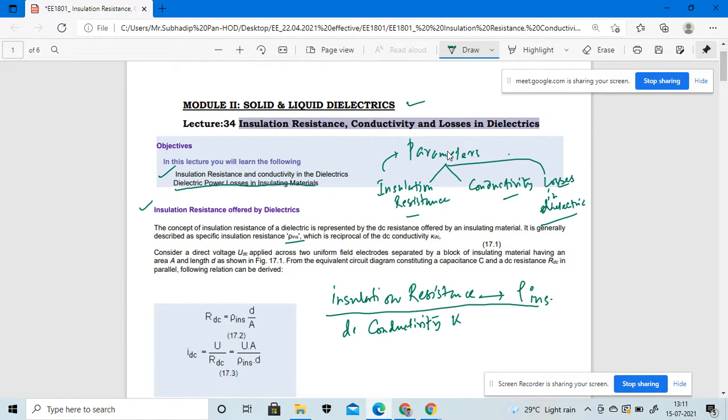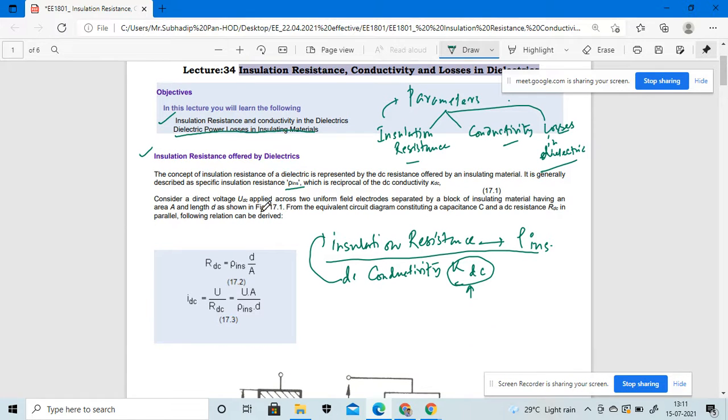The DC conductivity is defined by kDC, which is nearly equal to a constant, a fixed value. Depending upon the DC conductivity, we consider the insulation resistance, defined by rho ins. First we have to consider the direct voltage, defined by UDC.